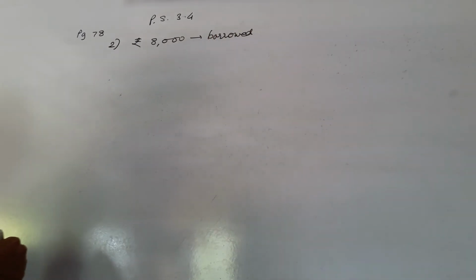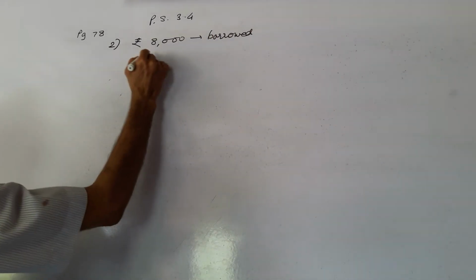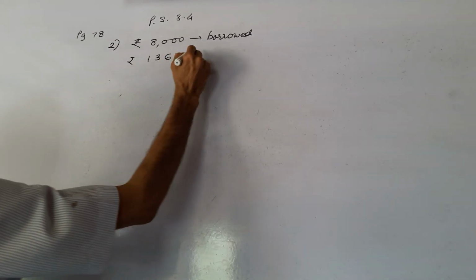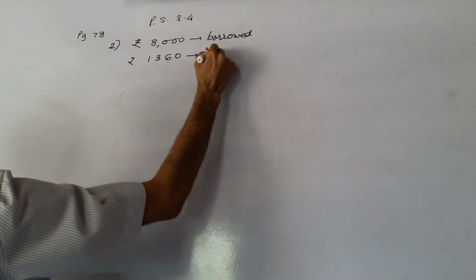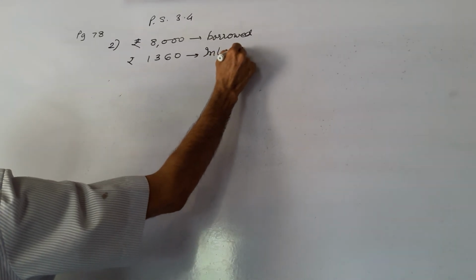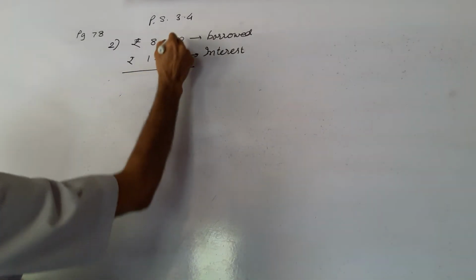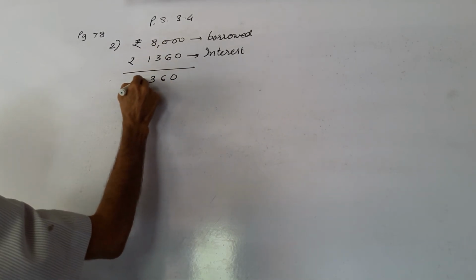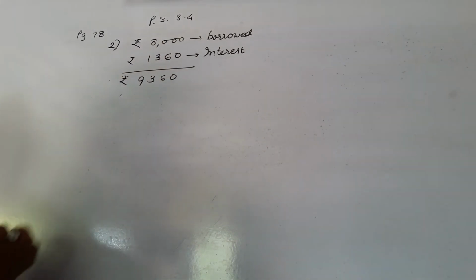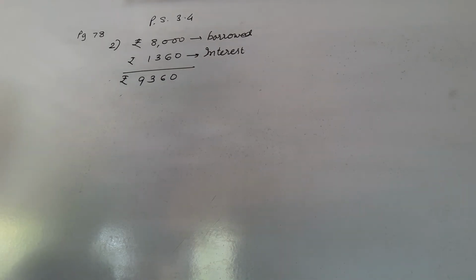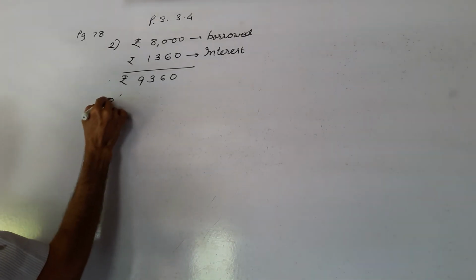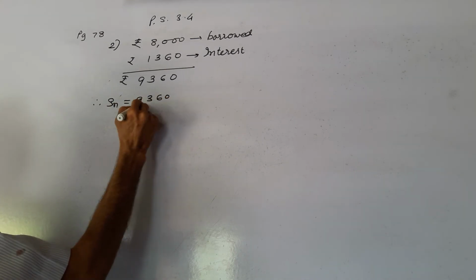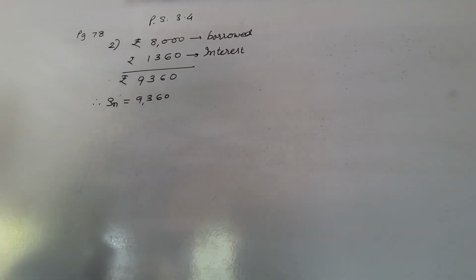And he repays with interest, 1,360 rupees interest. And therefore the total amount he has to repay is rupees 9360. This is the total amount, and therefore Sn is 9,360, the amount he has to repay.